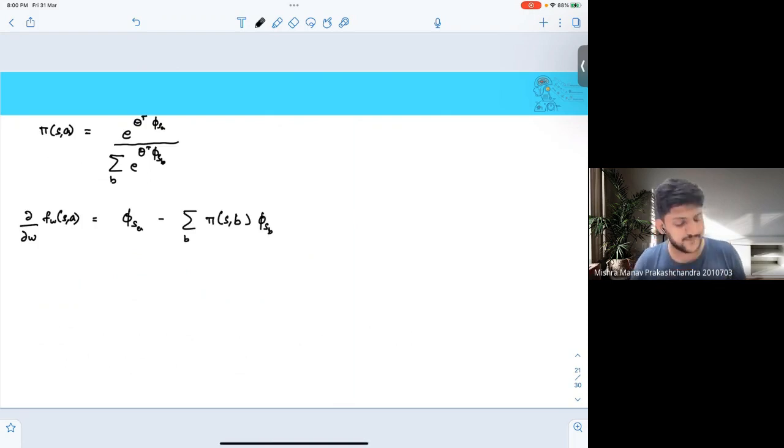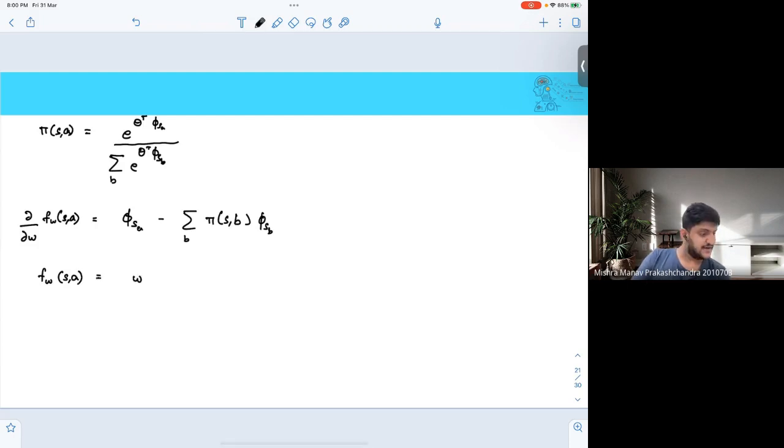From here, if we know the derivative of fw, one way to recover the fw would be to just take the linear representation, right?